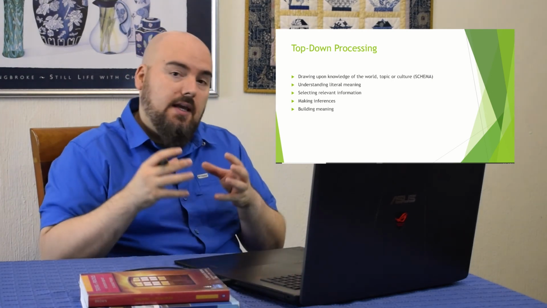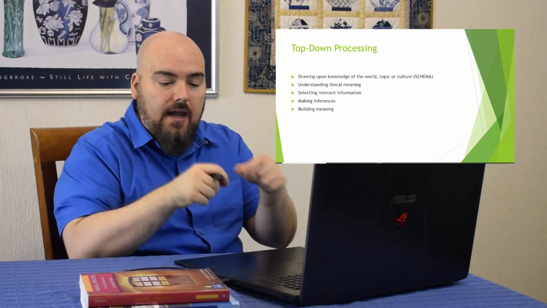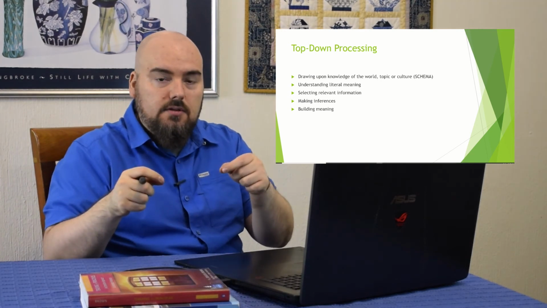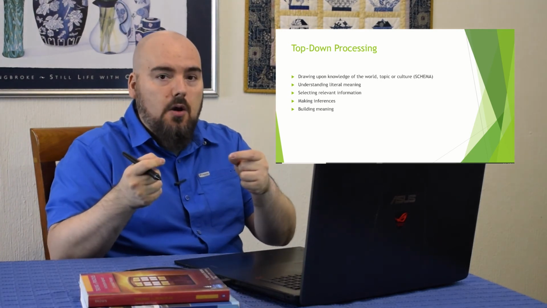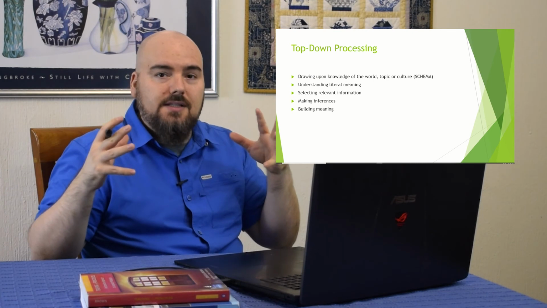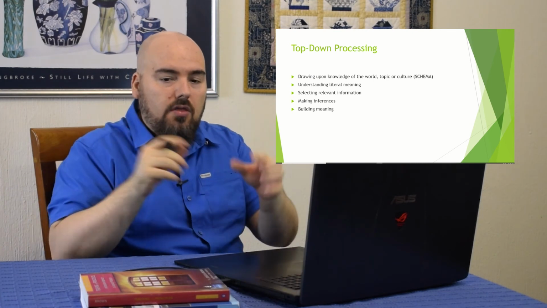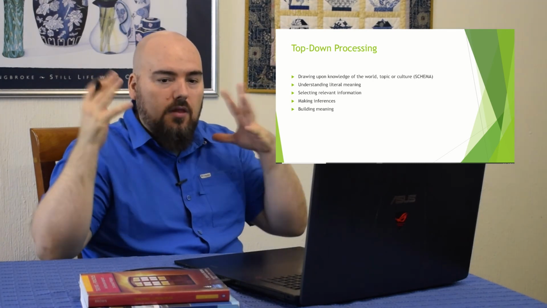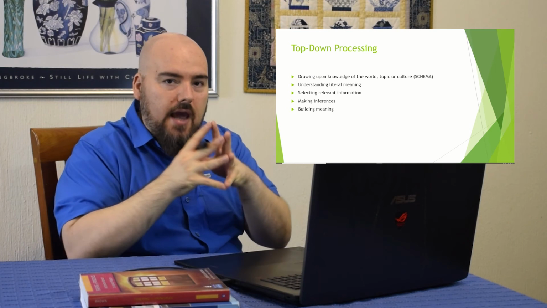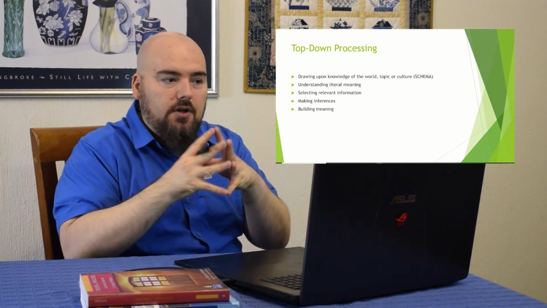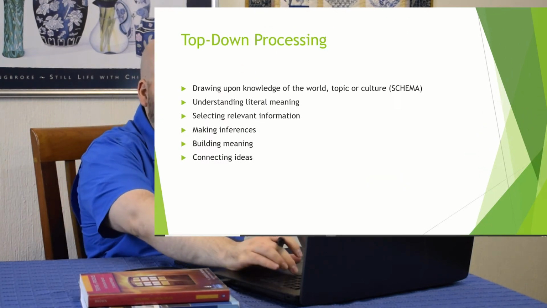Bottom-up processing is more of mining details to extract meaning, but then top-down processing is putting those meanings together with your schema and creating that general understanding, okay? So it's connecting those ideas.